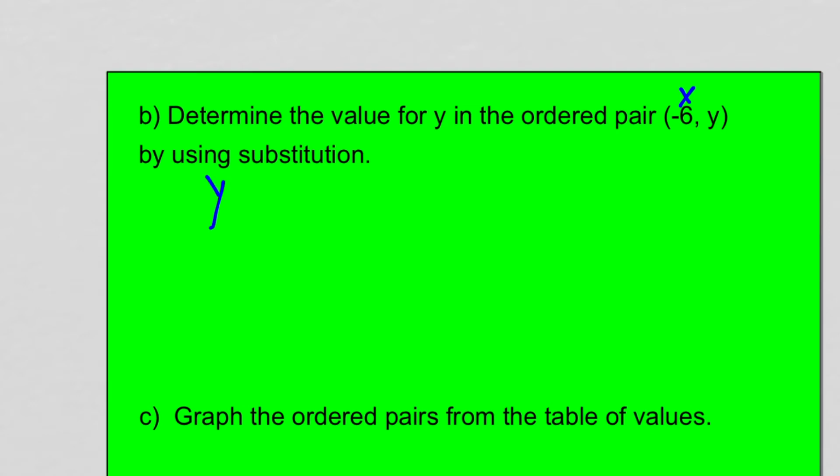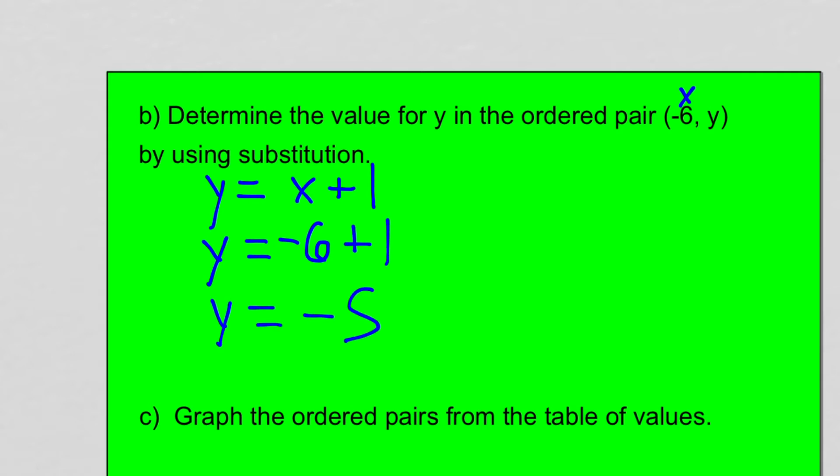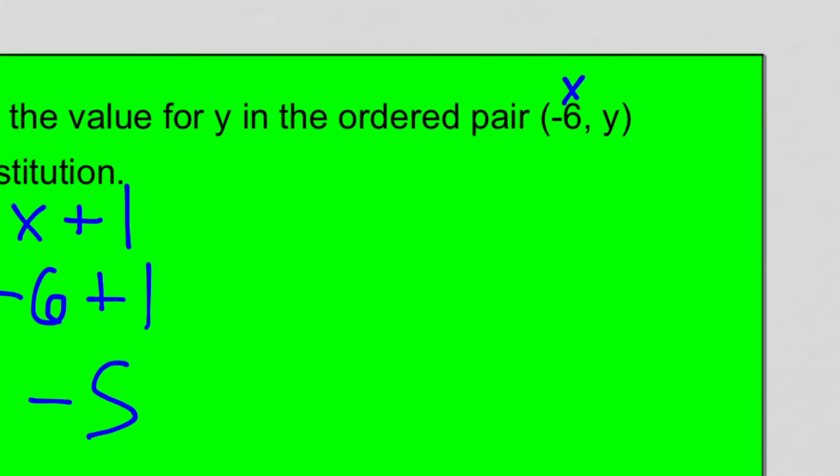Y equals x plus 1, and we're going to substitute in -6 for x. And -6 plus 1 gives us a y value of -5. So that means when x is equal to -6, y will be equal to -5.